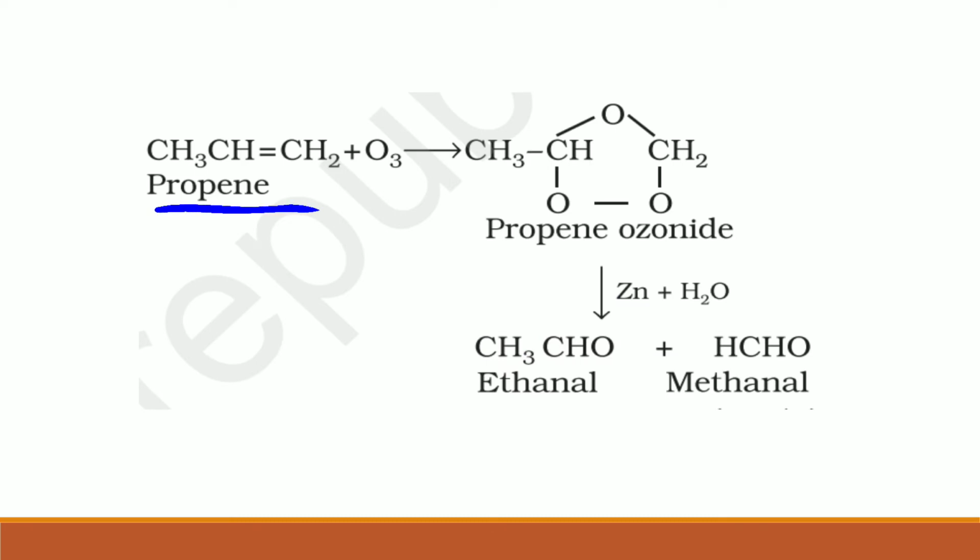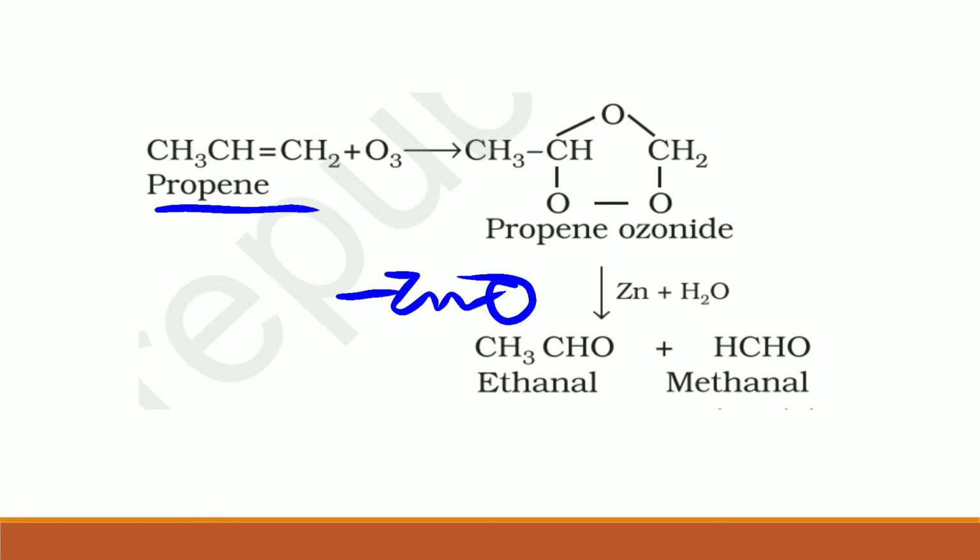If this propene is reacted with ozone, it will form propene ozonide. This ozone molecule will form a ring system which is called ozonide, and this ozonide on reduction with zinc, because zinc is used here as a reducing agent, zinc can take oxygen and will form zinc oxide.